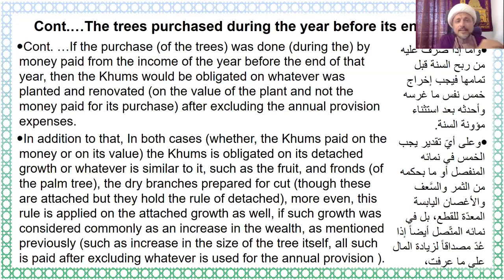If it was in the bank, that $100 might have become $110. So you would have paid the khums of $110, not $100. You see? So the whole tree is your savings. With this increase in the attached growth or the detached growth, the increased value of it, it's all your annual savings. Okay, so it has to be khumsed.